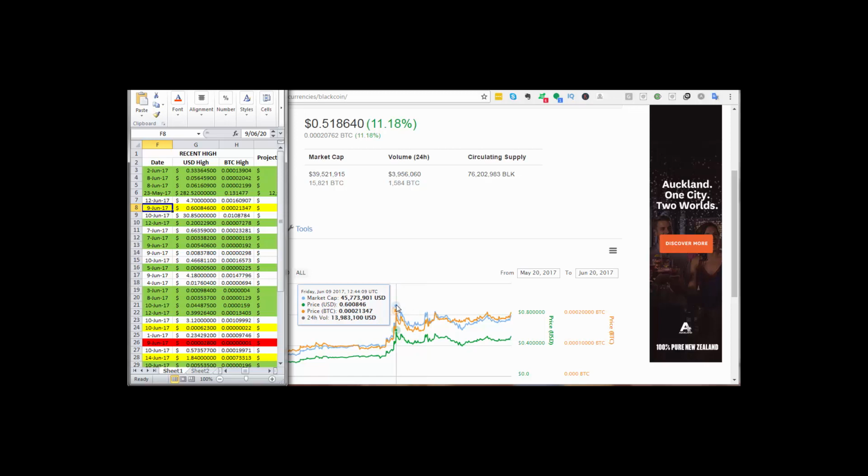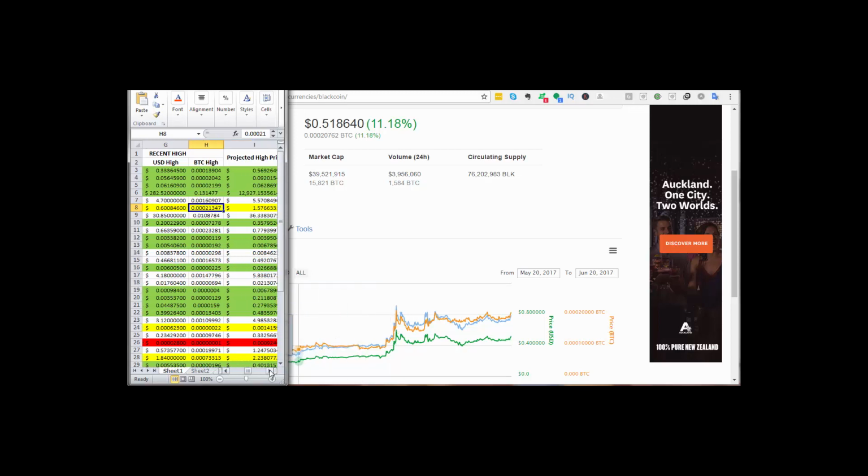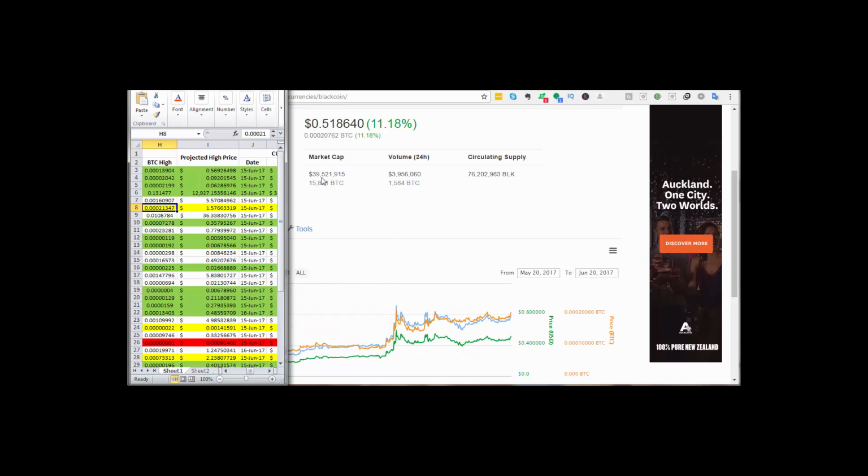It was at 0.6000846, which is right here on the spreadsheet, and then the BTC price 0.00021347, and from that it's projected a price for me of $1.57. I believe it'll hit $1.57 before I reconsider my positions and see what I'm going to do, whether I take half or close it all up.